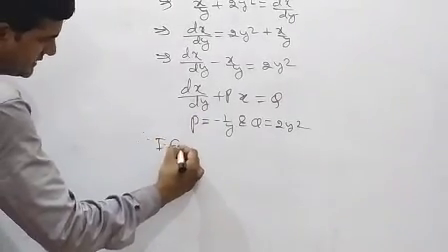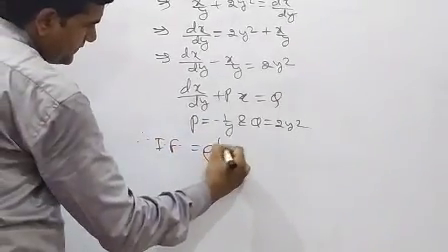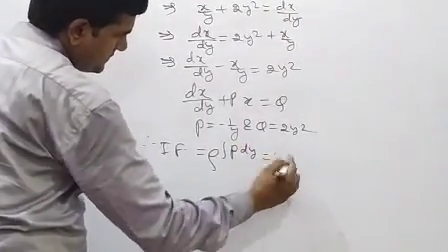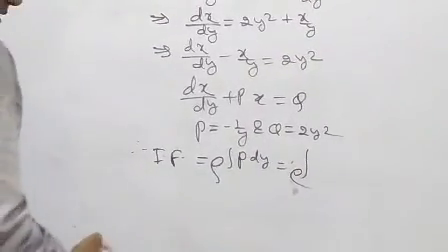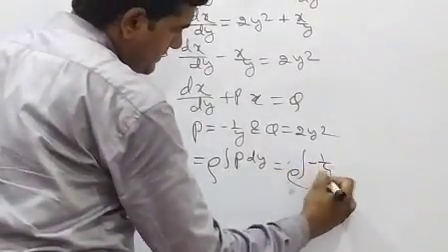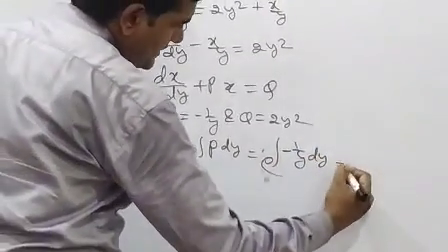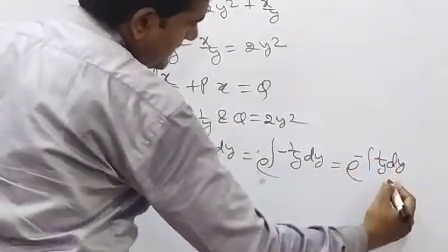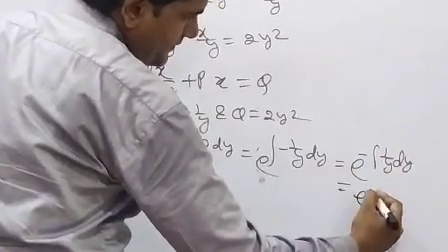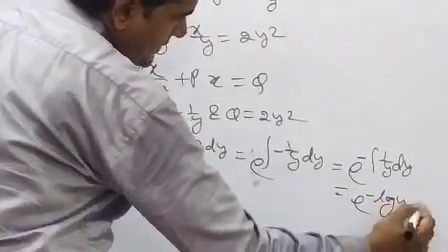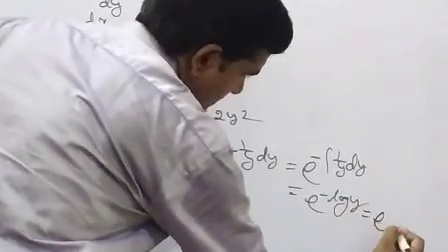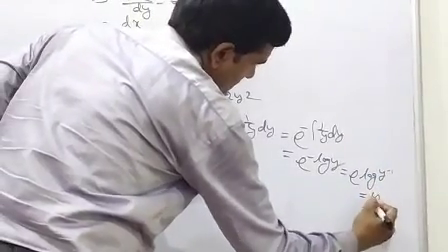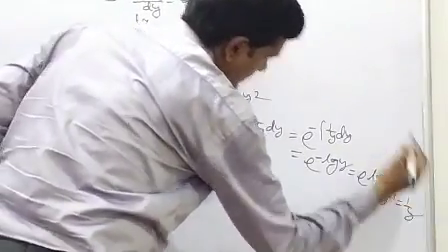Therefore, integrating factor is equal to e power integral P dy. e power P means what? Minus 1 by y dy is equal to e power minus integral 1 by y dy is equal to e power minus log of y is equal to e power log of y power minus 1, that is y power minus 1, it means 1 by y.